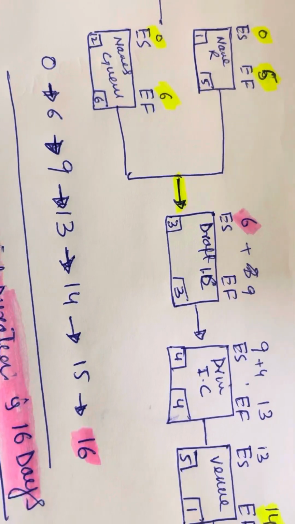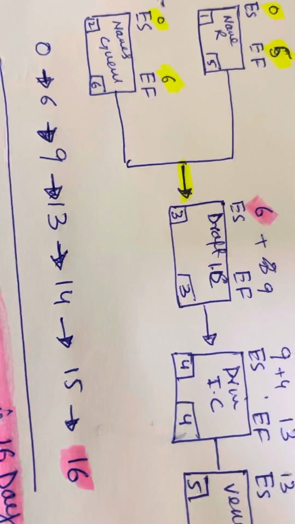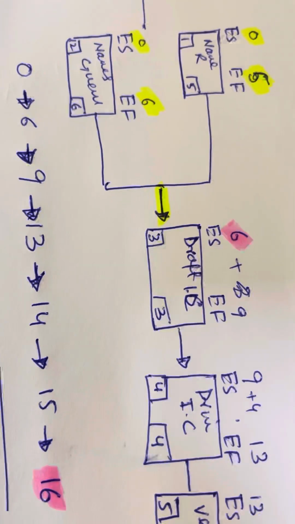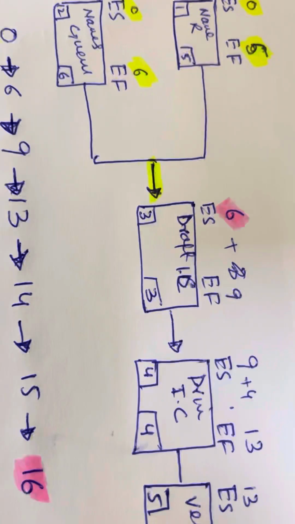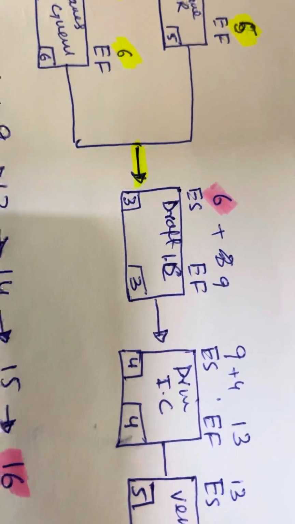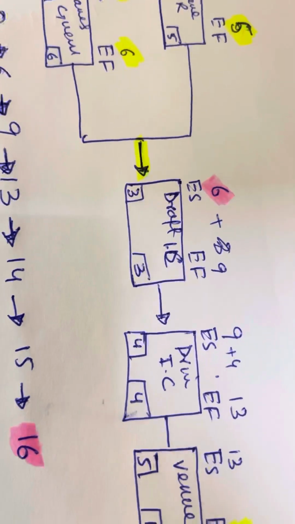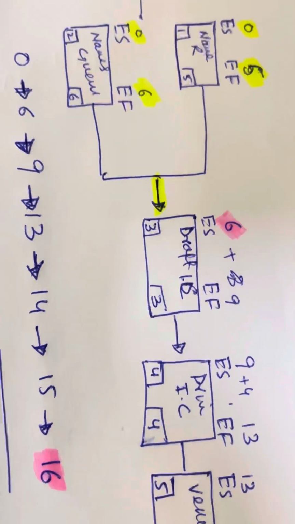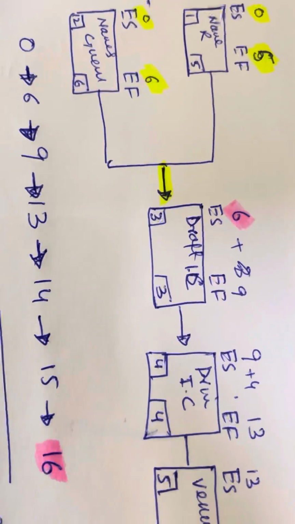So when these two activities complete, for the draft preparation of these relative names and guest names, this activity's earliest start will be day 6, because the last activity finishes on day 6.